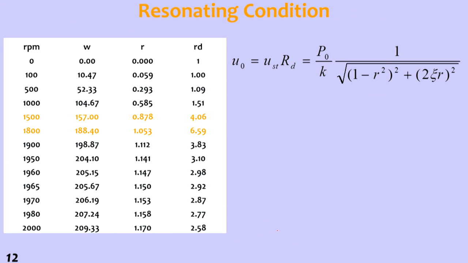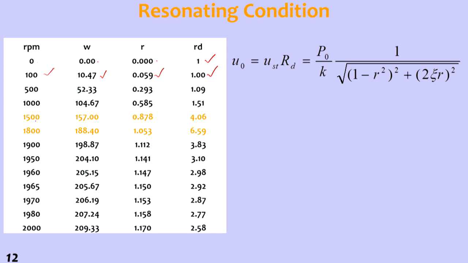When we put 5% damping and increase the rpm from 0 to 2000, let us see how it looks. At 0 rpm, the forcing frequency is also 0, r is 0, and Rd will be 1. If the rpm increases slightly to 100, the frequency is 10.47, r is 0.0559, and again Rd is very near to 1.